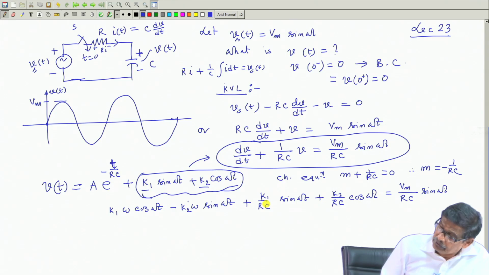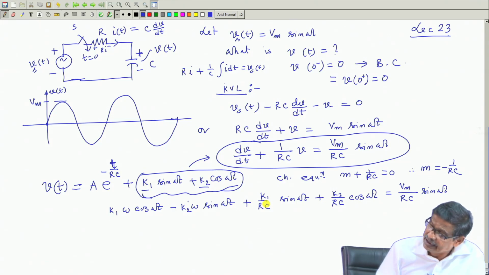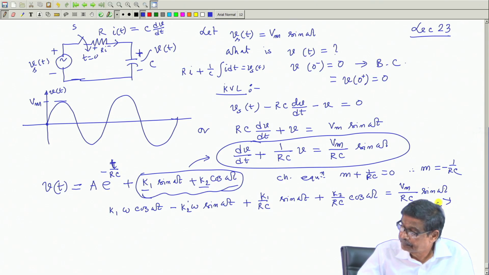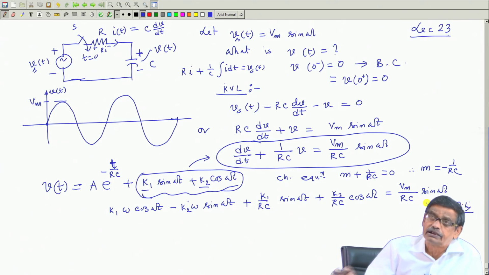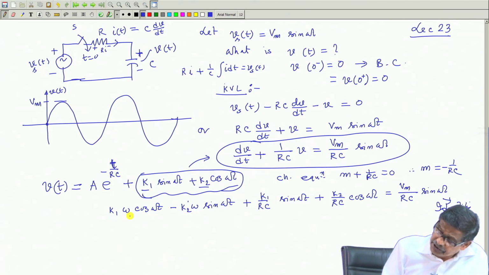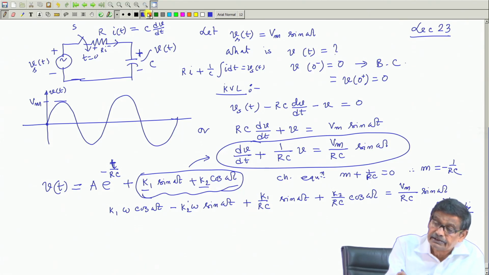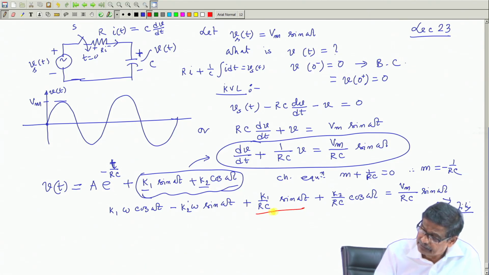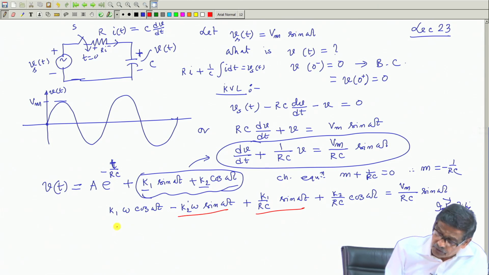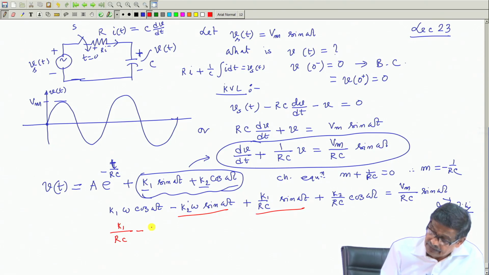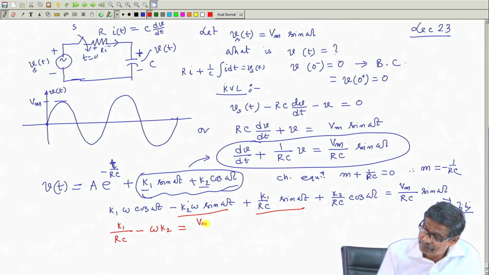Got the point? So, this is how I will get. Then the next step is, it is an identity. It has to be satisfied for all time t. Therefore, you equate the coefficients of sin omega t and cosine omega t. This is sin term, this is sin term. So, you will get k1 by RC minus omega k2, this is the coefficient of sin omega t from this side, it must be equal to Vm by RC.